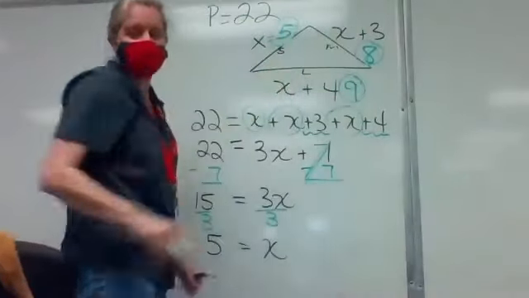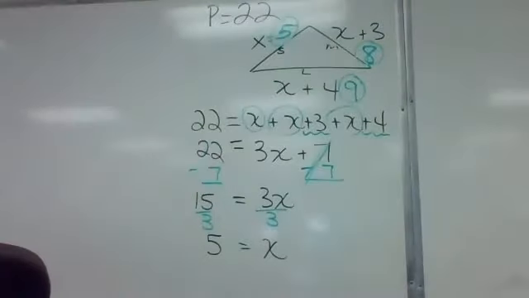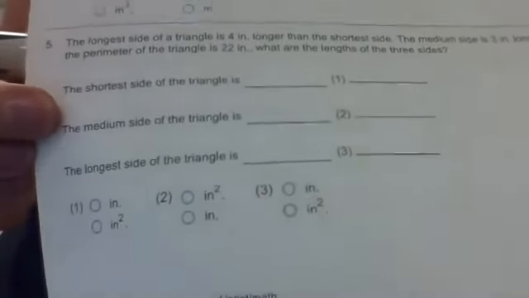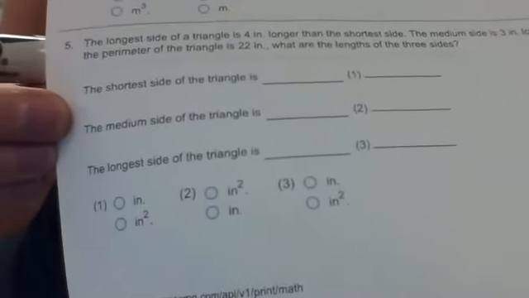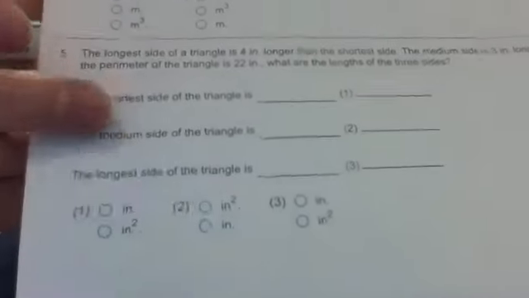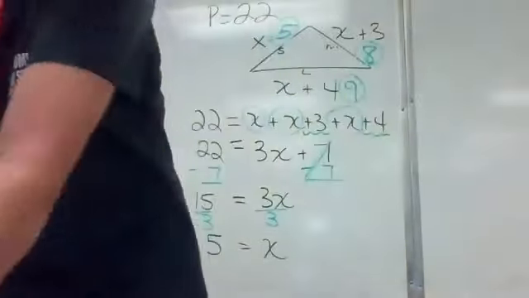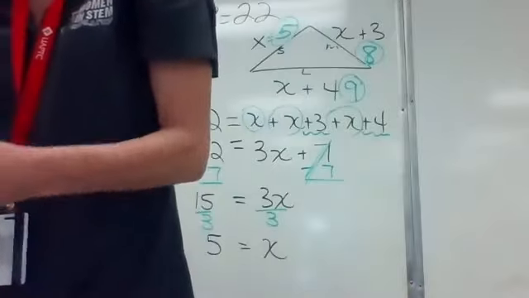So 5, 8, and 9. And again, short, medium, long would be 5, 8, and 9. And again, perimeter is not ever squared. So all of these would just be inches, not inches squared. Okay?